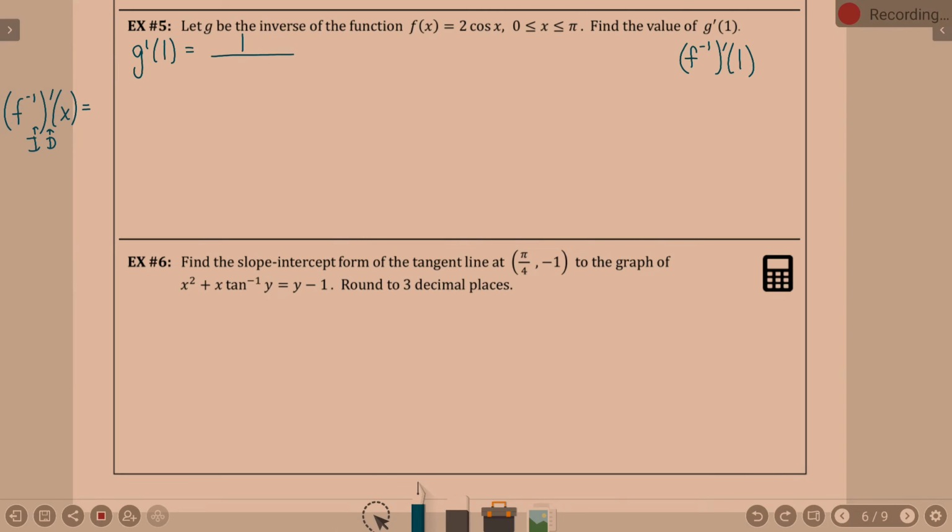of f. I'm struggling here. F was the derivative of the original, of the inverse. I struggle with the g's for some reason. F prime of f inverse of x. That's the way we learned it, right?